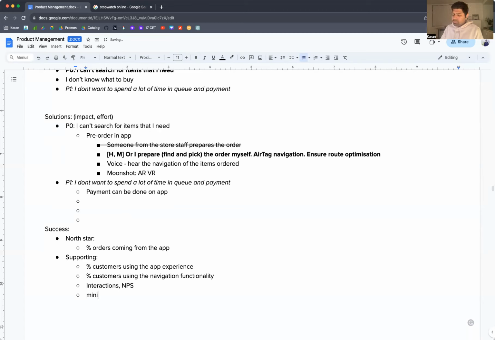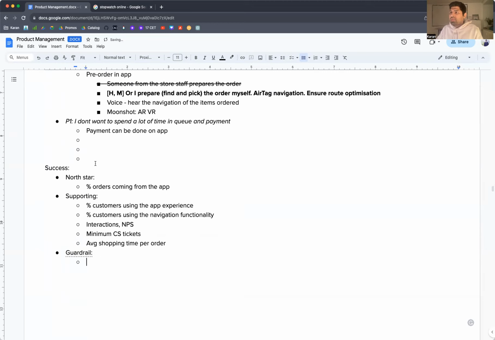Minimum customer support tickets related to this experience, no hassles, and then finally, average shopping time per order is also what we are looking at. Okay, guardrails.